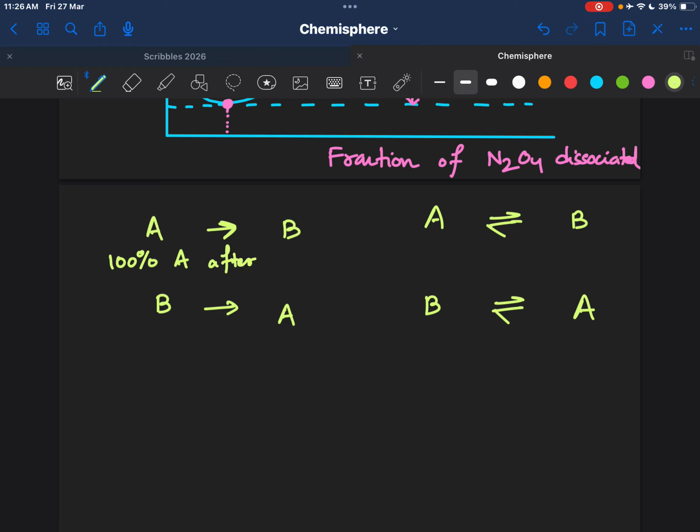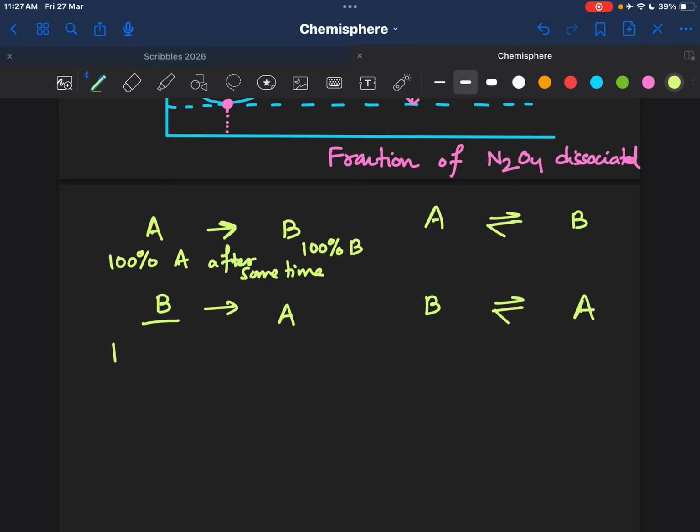After some time we get 100% B, but that time is not specified by thermodynamics. It's a department of kinetics. What we can say is, after a particular interval of time, we get 100% of B. Same thing applies here also.